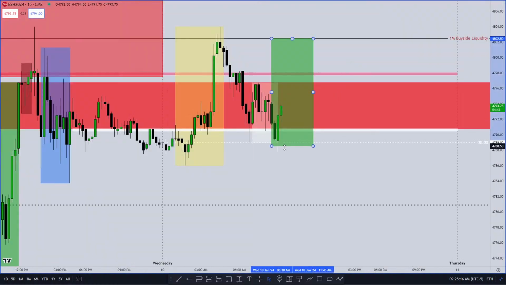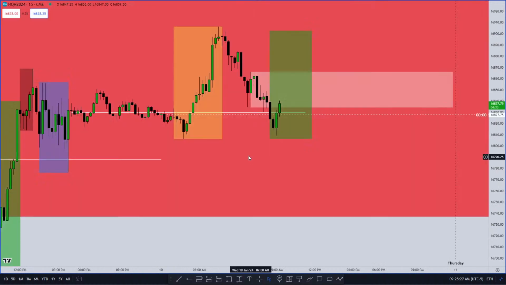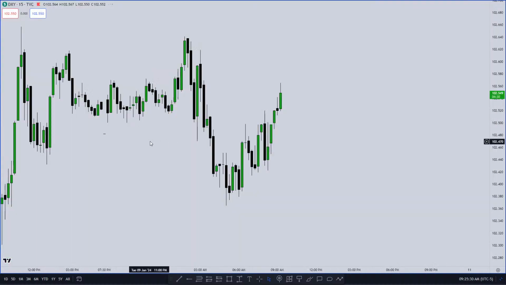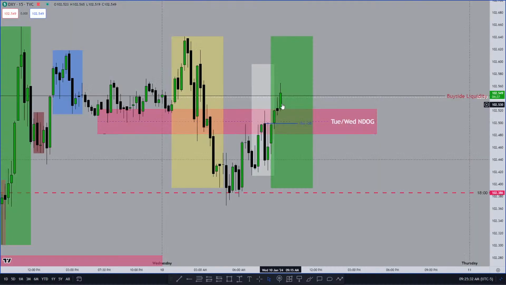Here's the S&P. We've dug a little lower from when I originally started watching. So, like I said, go back to the dollar again. I'm all over the place. But if we do come back down into that order block, it is possible for just a short little retracement at the open on S&P.